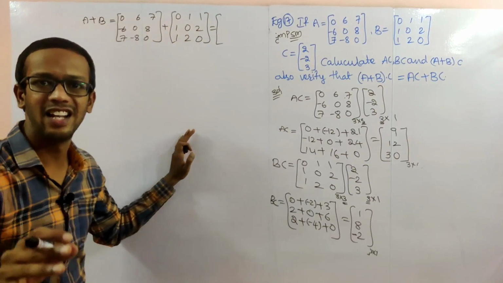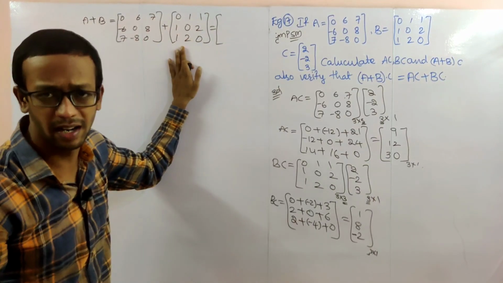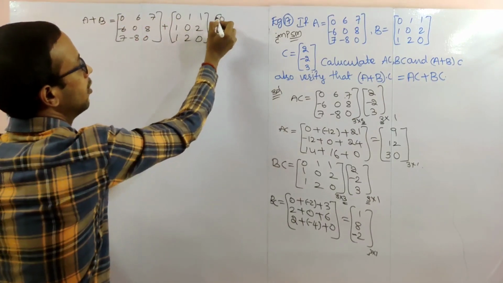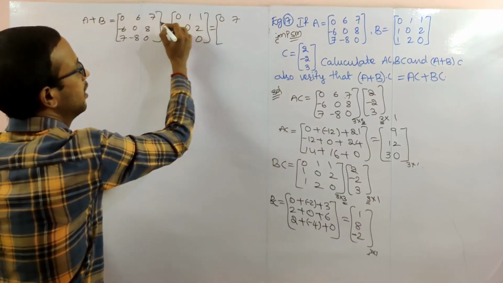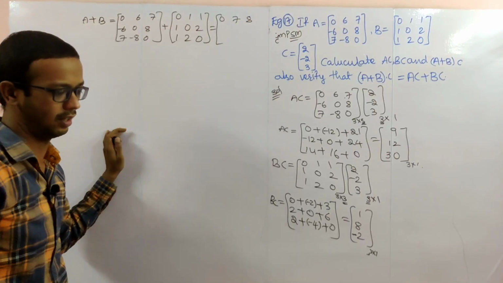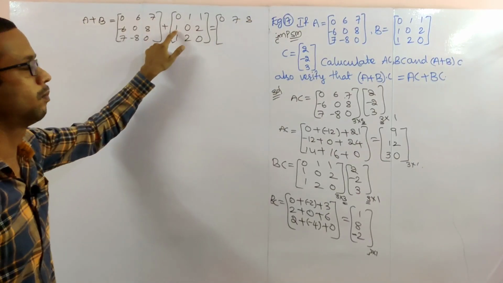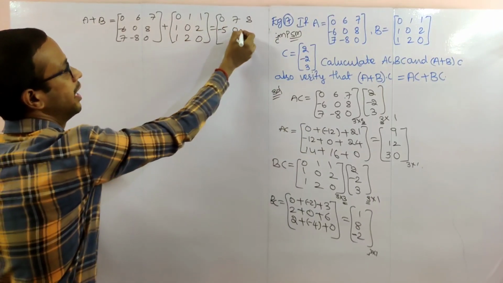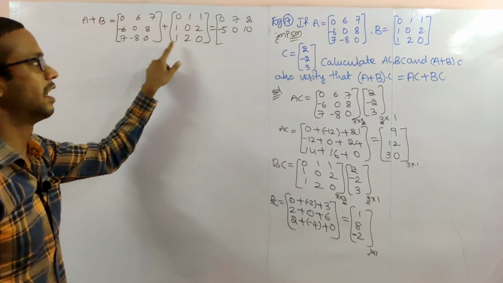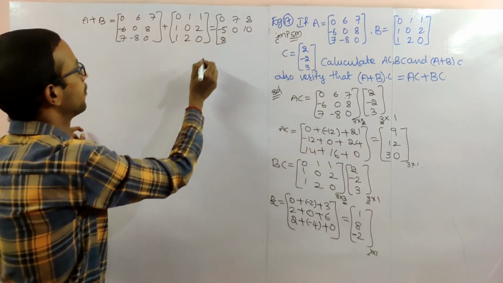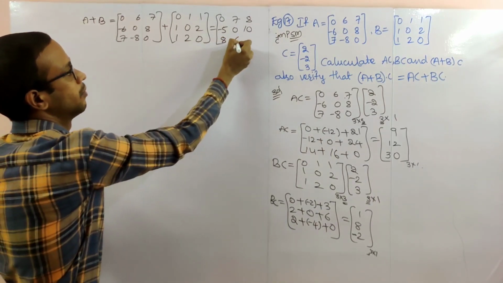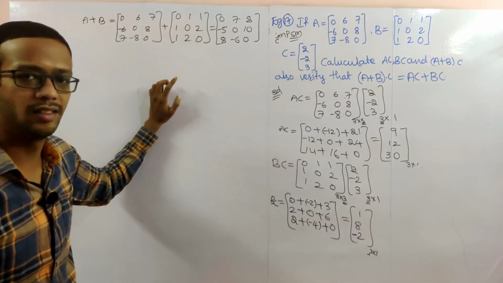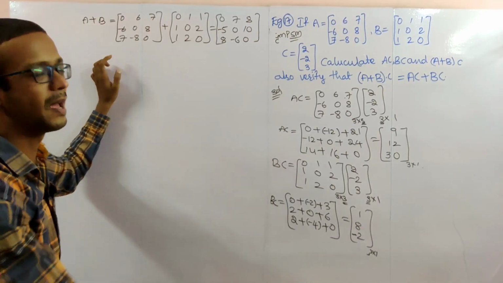Addition means same order, corresponding elements addition. 0 plus 0 is 0, 6 plus 1 is 7, 7 plus 1 is 8. Next, minus 6 plus 1 is minus 5, 0 plus 0 is 0, 8 plus 2 is 10, 7 plus 1 is 8, minus 8 plus 2 is minus 6, 0 plus 0 is 0. So this is the A plus B matrix.